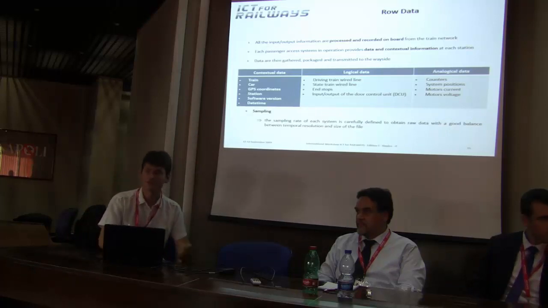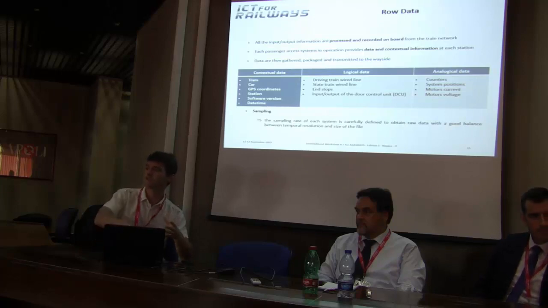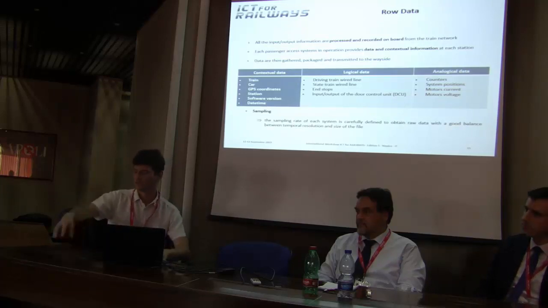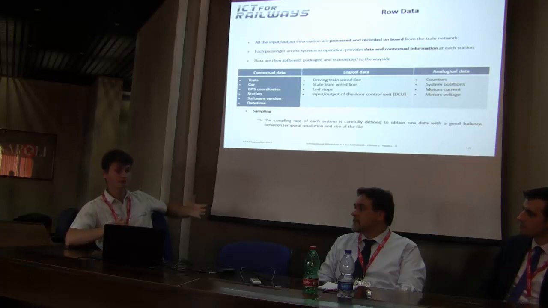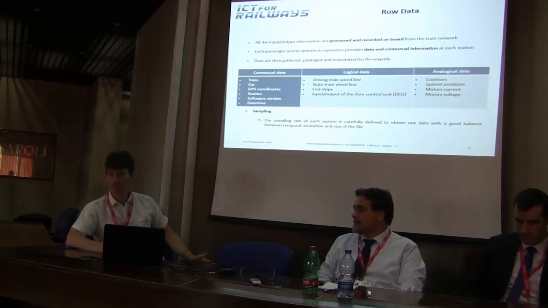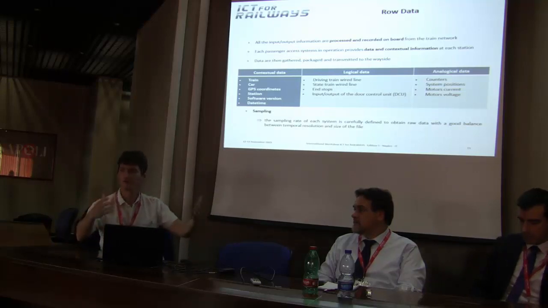Something really important is the sampling of the data, because you can choose the sampling before the data is sent from the train to the wayside. We have to specify a sampling rate that is sufficient to perform computation or analysis, but not too big, so as not to explode the size of the farm. Not to have data just for the sake of data, but just to have essential information.